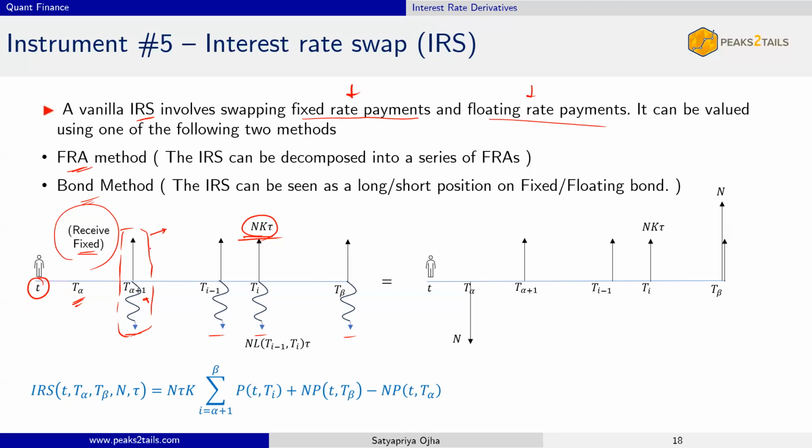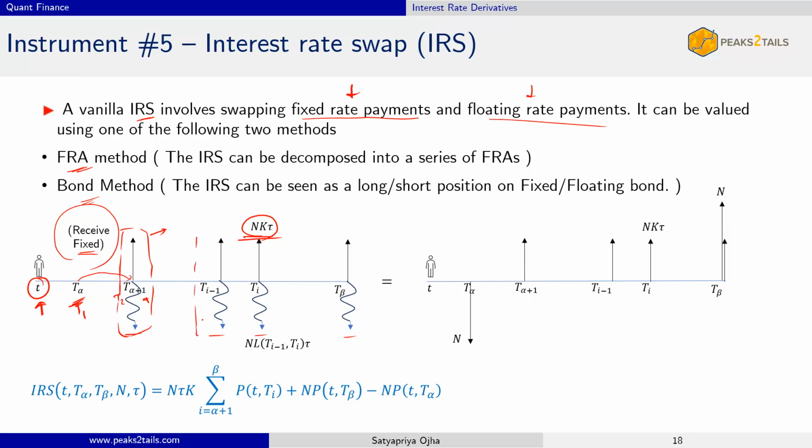Just focus on this one and this one. So this is just a value of FRA. The rate is between T alpha to T alpha plus 1. Remember, this was T1 and this was T2, correct? And what else? That's it. So value at time T, you can calculate the value of this FRA.